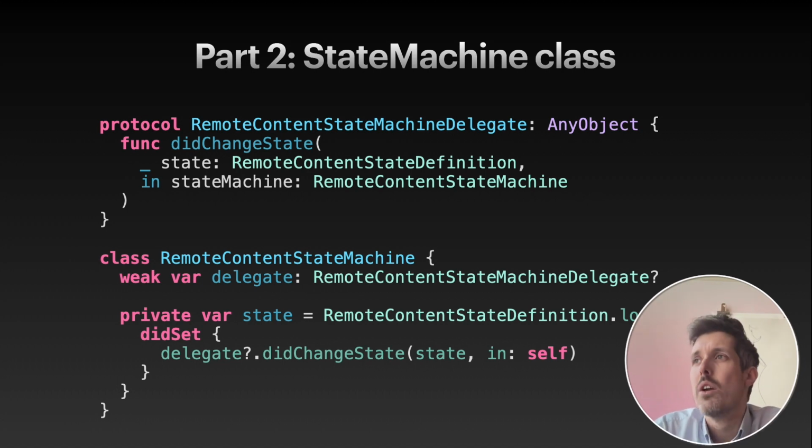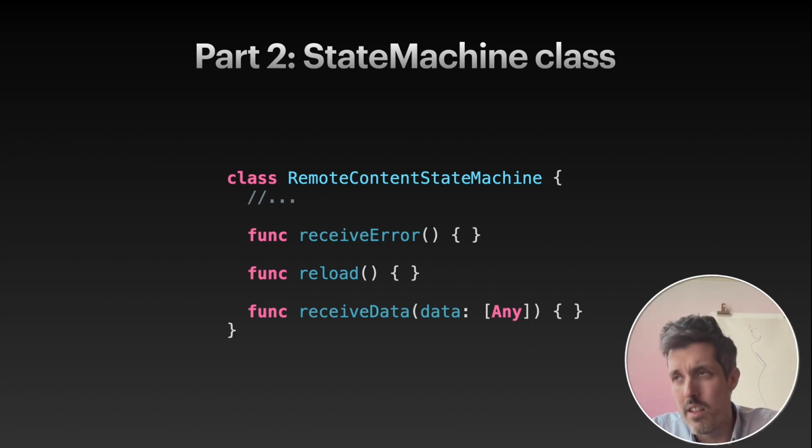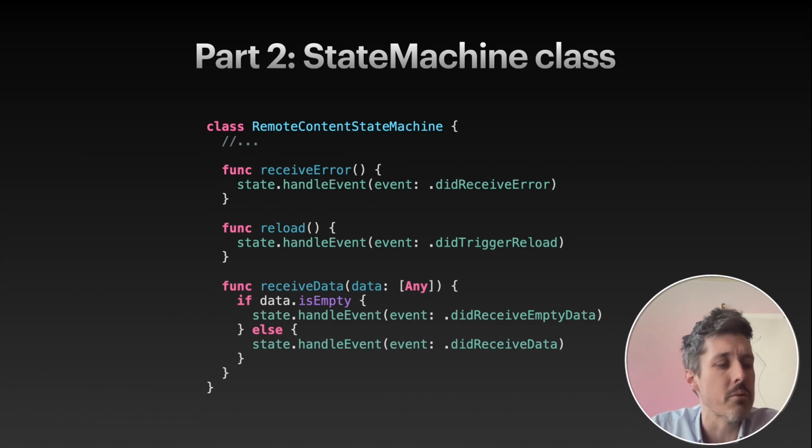And finally, we need to give a way to the application to trigger these state transitions. So we can write methods on our state machine to allow these to happen. For example, in this case, we could define receiveError, reload, and receiveData. But what do these methods do? Well, receiveError and reload will simply pass on the event to the state enum in order for it to try and do its transition.